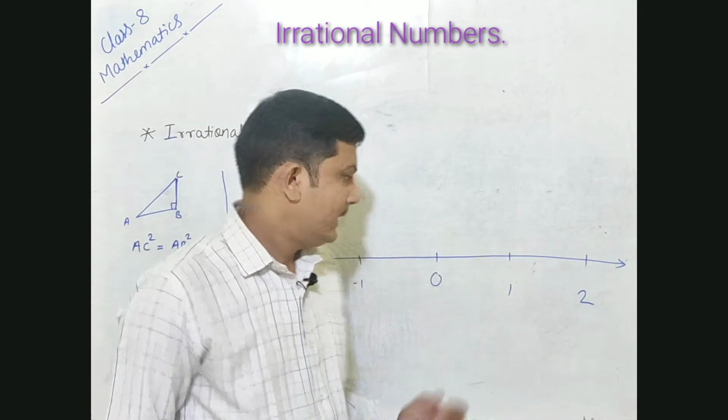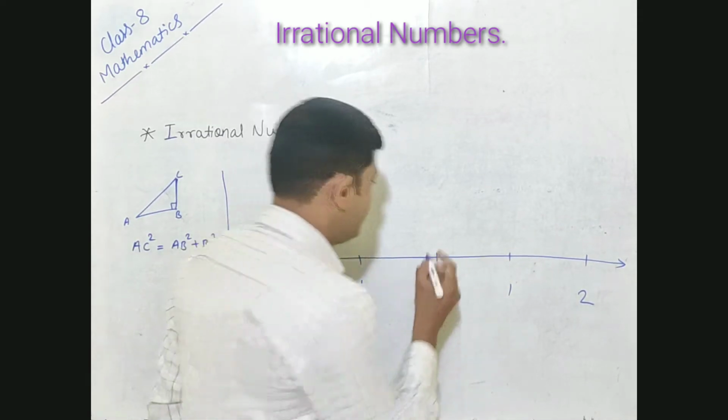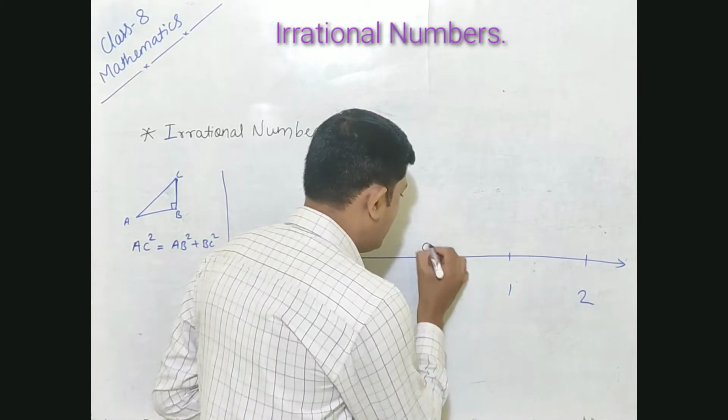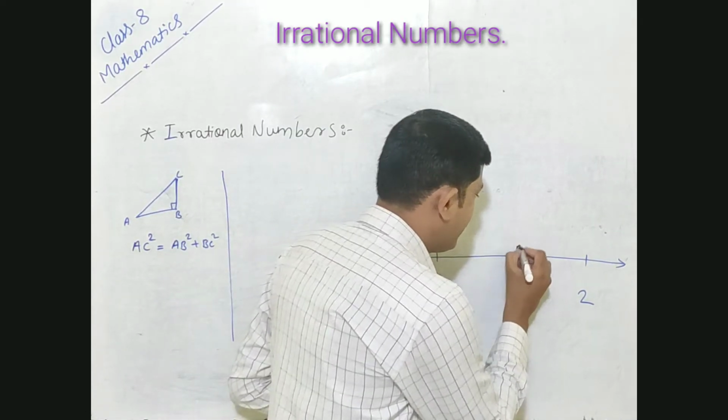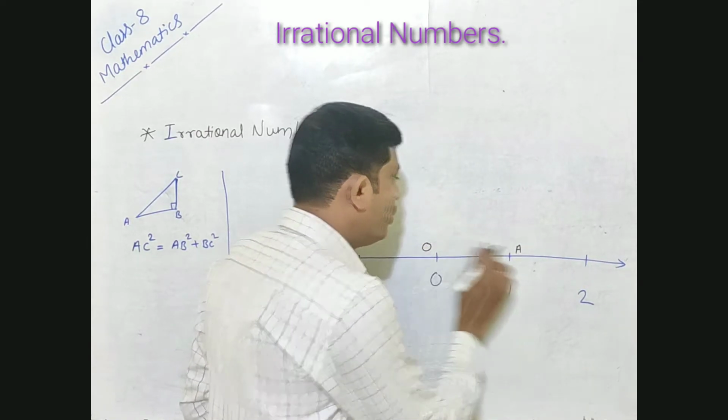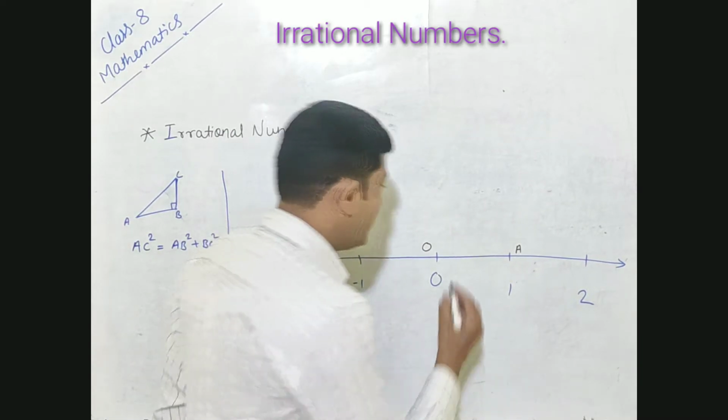Now first of all name here as O, here as A. Now O to A, the distance is 1 unit.